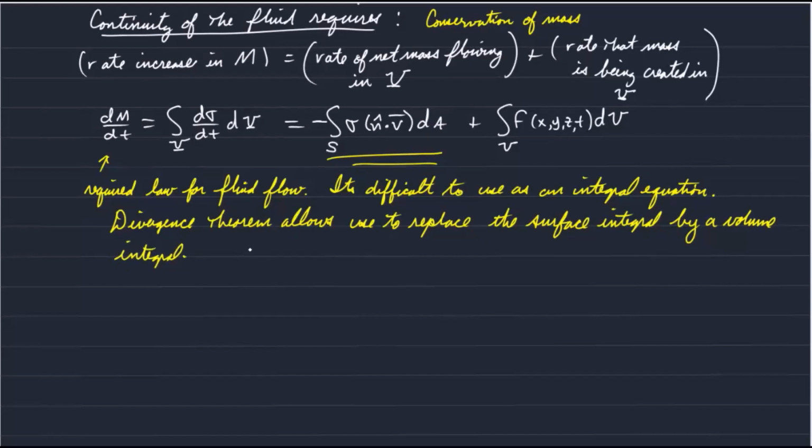Right? You'll recall that the integral over the surface of the flux of whatever is moving, here this is a mass flux because it's moving with the velocity field of the fluid, is equal to the integral of sigma times the divergence of V integrated over the volume.